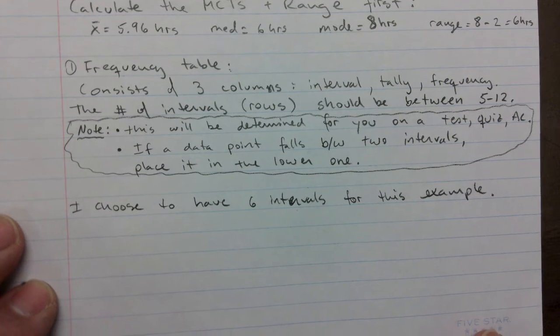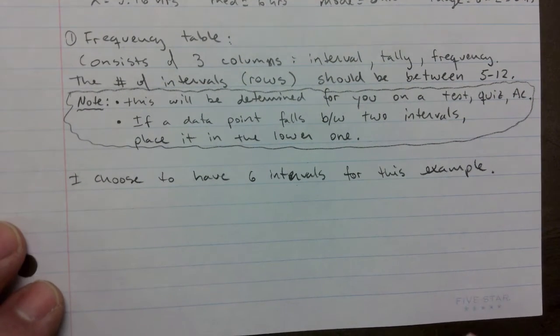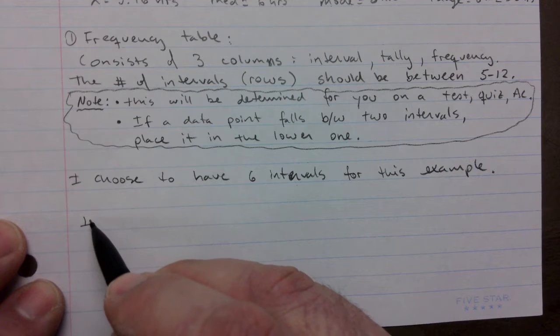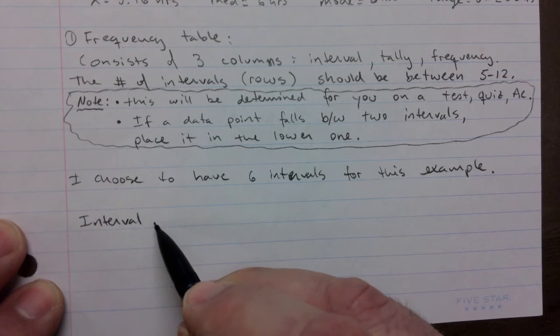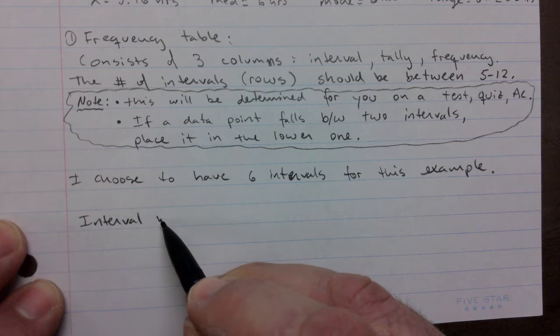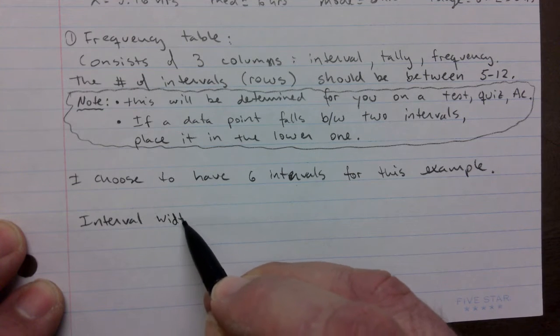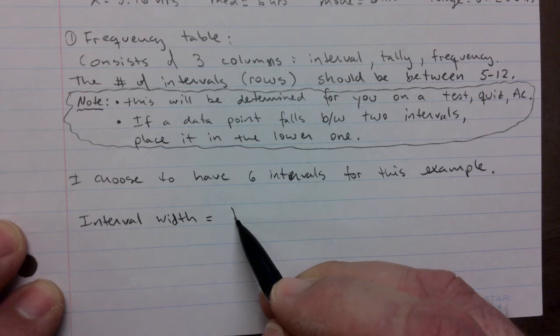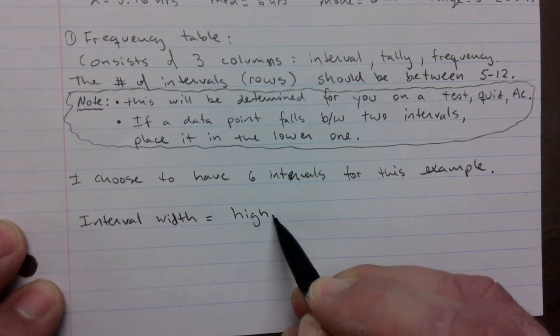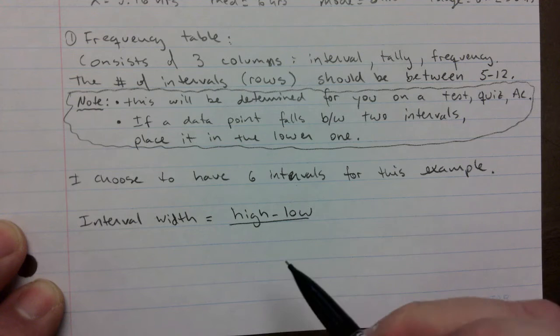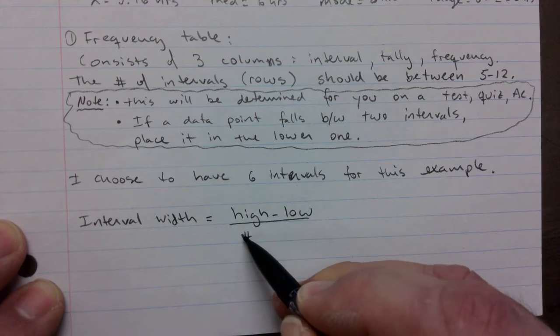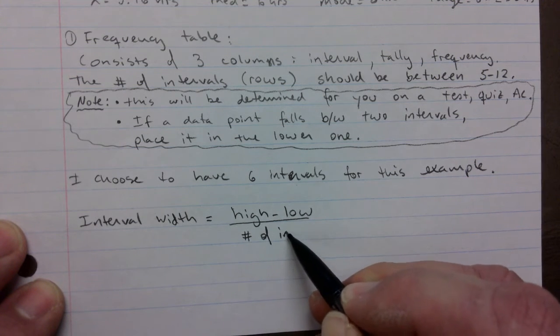I'll show you an example. Okay. So interval width basically is going to be high minus low, which is really the range, divided by number of intervals.